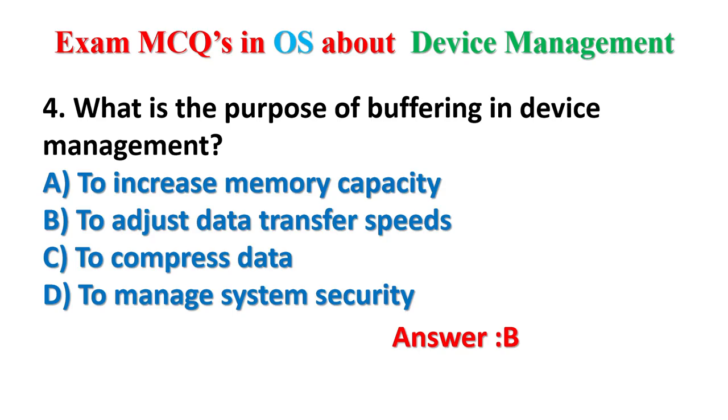to adjust data transfer speeds, because buffering in device management smooths the data rate and flow control. So one advantage of buffering is to adjust data transfer speeds, but it does not increase the memory capacity, because a buffer, which is part of the memory, does not increase the memory capacity, and it does not compress the data, but it can help smooth the data flow between the producer and the consumer of the data.